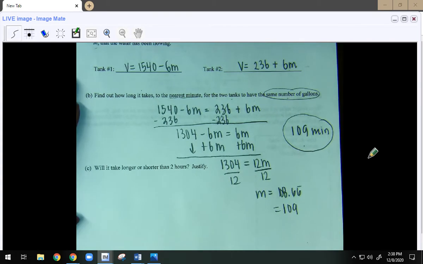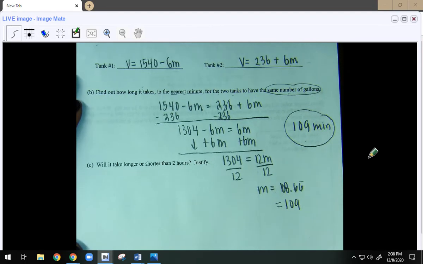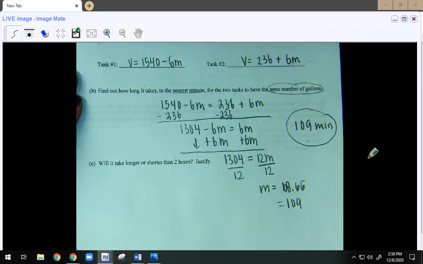Okay, so part C says, will it take longer or shorter than 2 hours? Justify. Well, I solved for minutes. Minutes is not the same thing as hours. So how many minutes are in 2 hours?